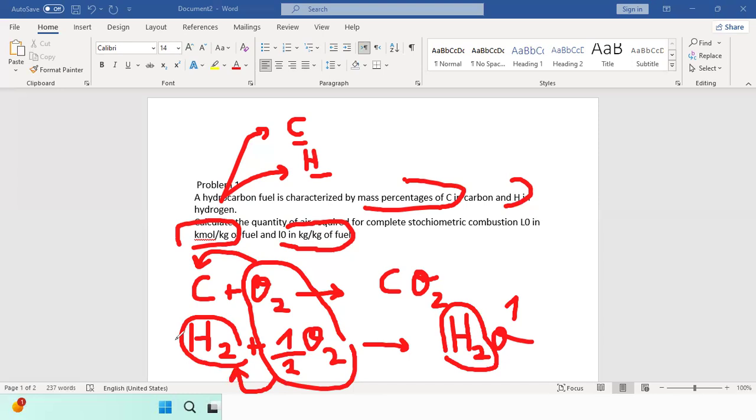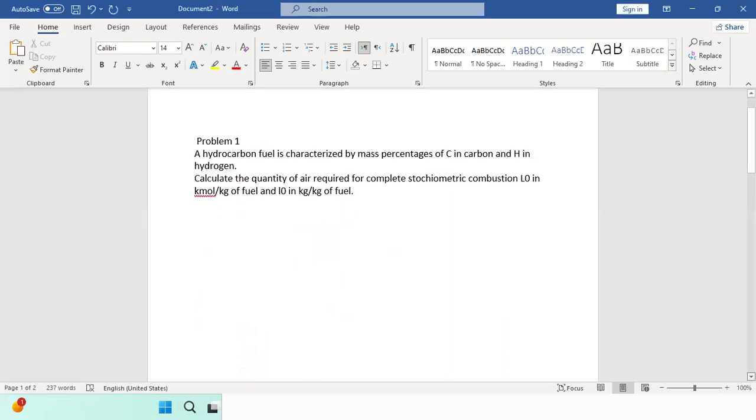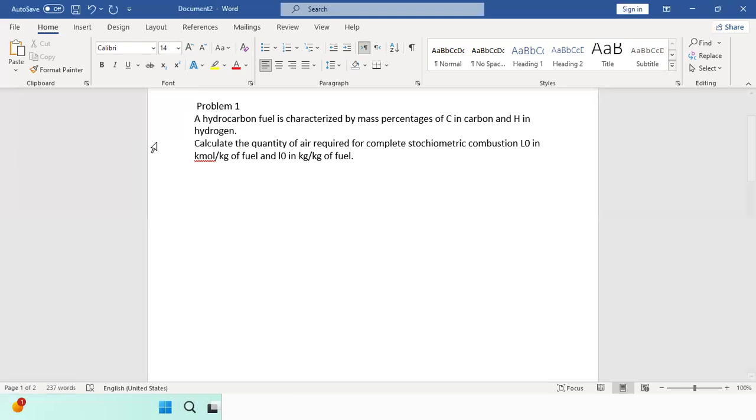So from the first equation, we can write the following. We can say that 1 kilomole of carbon will need 1 kilomole of O2 to produce 1 kilomole of CO2. So 1 kilomole of C will require 1 kilomole of O2.